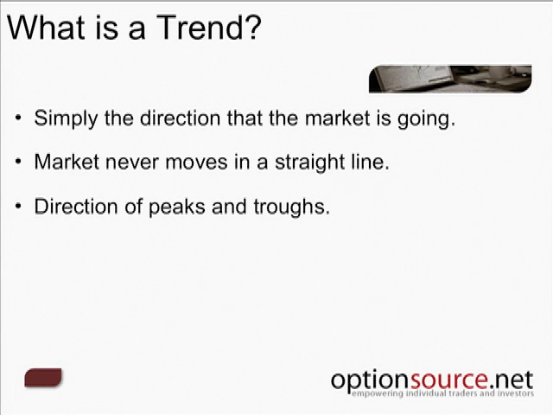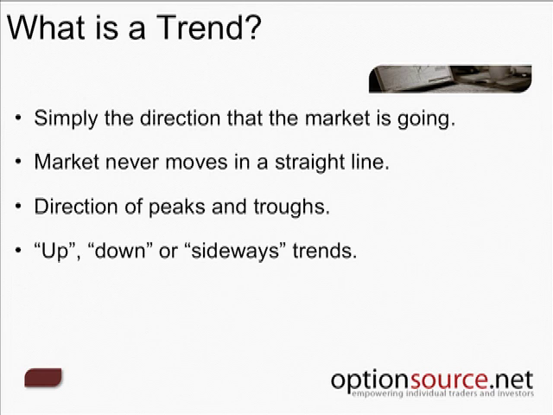But nonetheless, what we want to look for is what is happening with the price action over an extended period of time, and how what we refer to as the peaks and the troughs are lining up in terms of establishing that trend.